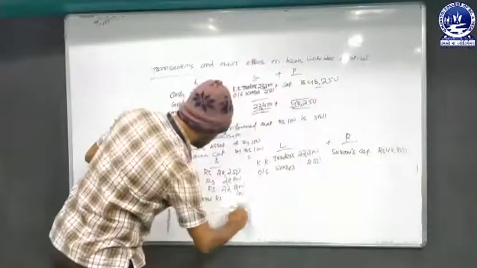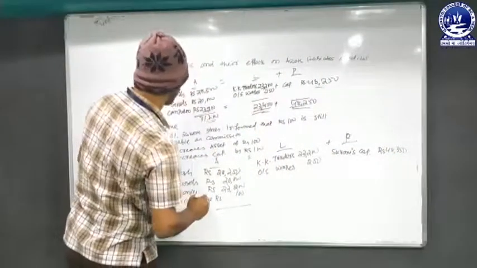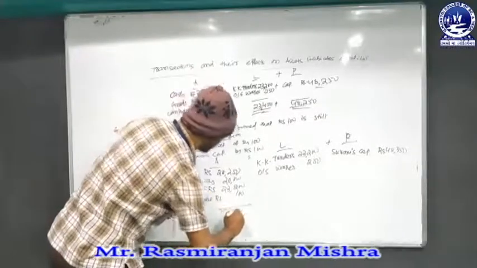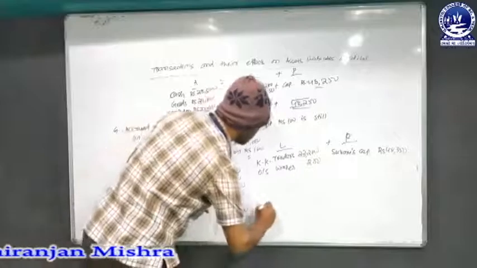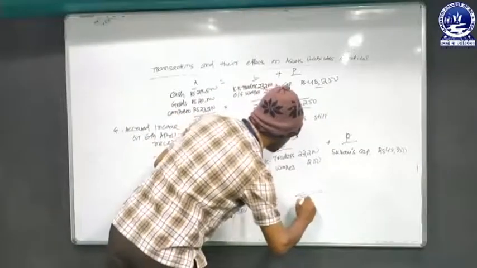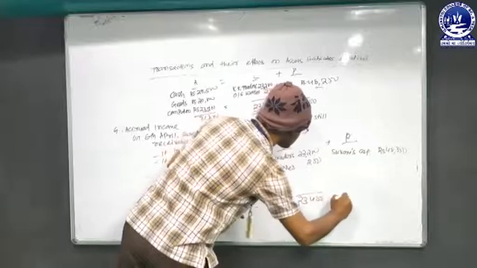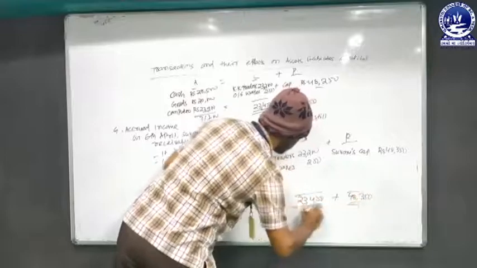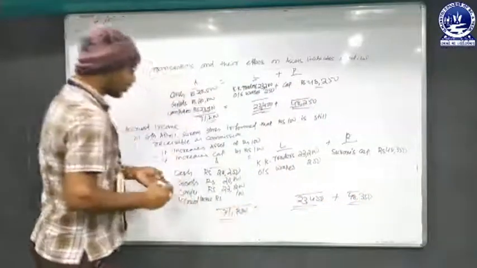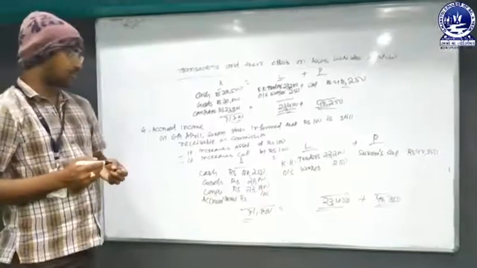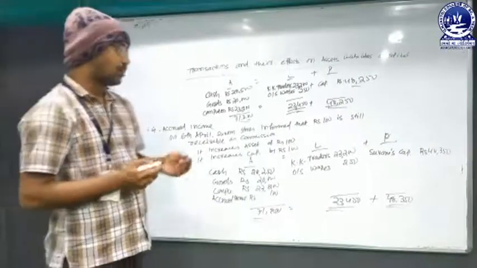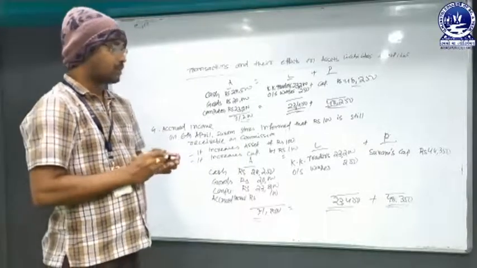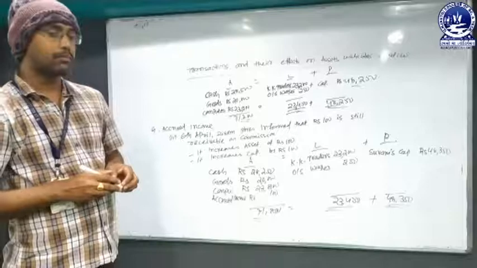So the total amount of assets increases by rupees 100 compared to the previous transaction, to 71,800, which equals liabilities 23,450 plus capital 48,350. So finally we conclude that assets are equal to 71,800, which equals liabilities of 23,450 plus capital of 48,350.